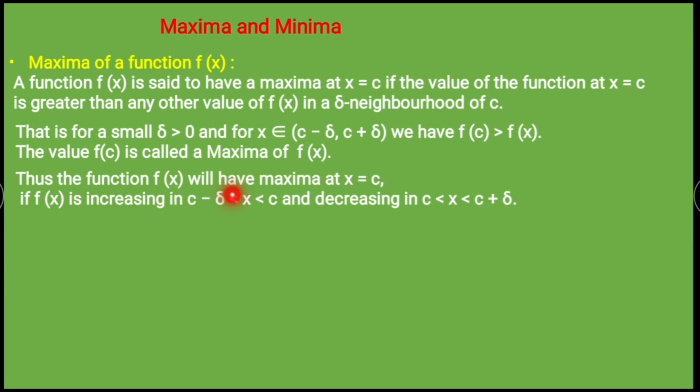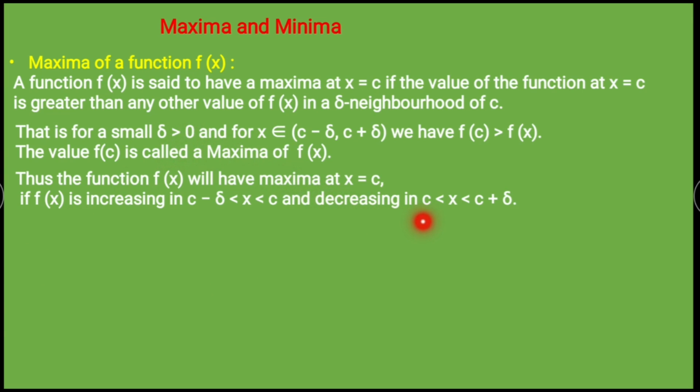Thus the function f of x will have maxima at x equals to c if f of x is increasing in c minus delta less than x less than c and decreasing in c less than x less than c plus delta. So in previous lecture we already discussed increasing and decreasing function.